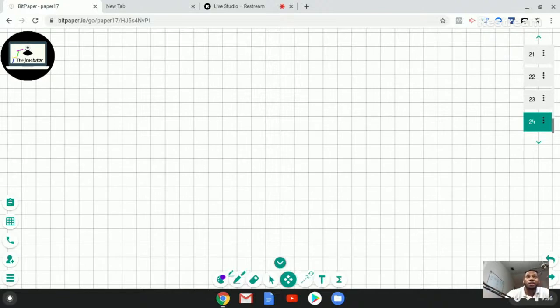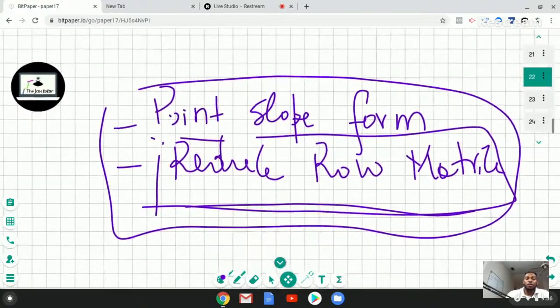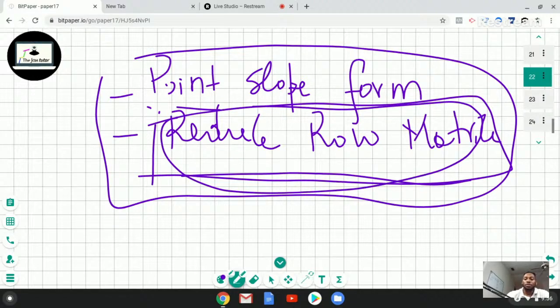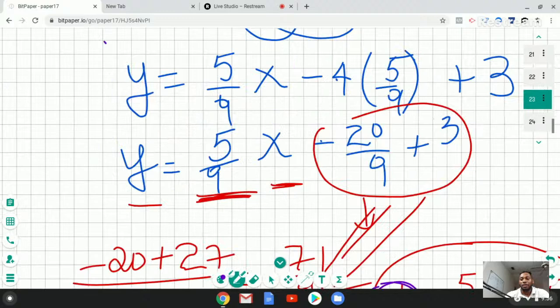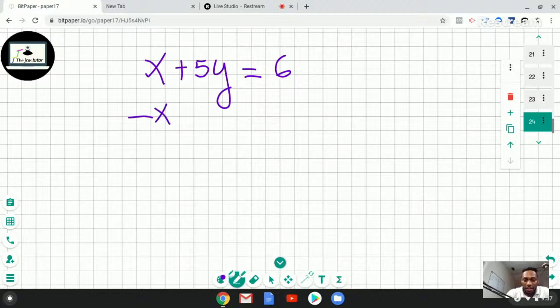Last time when we were talking, someone wanted to ask how to solve a system of equations using reduced row echelon form. Let's say I have the equations x plus 5y equals 6 and negative x plus 2y equals 1.